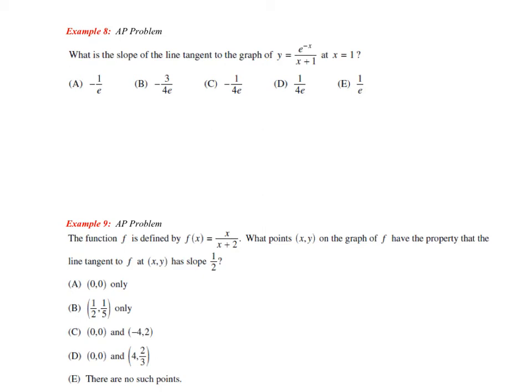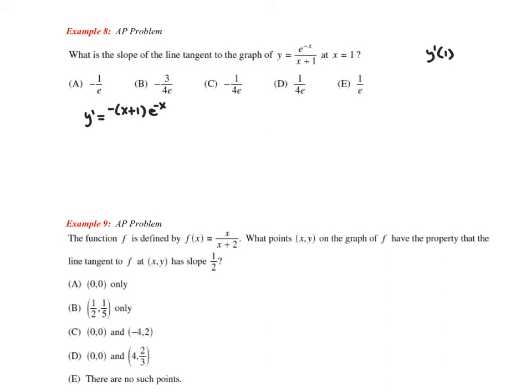All right, example 8 says, what is the slope of the line tangent to the graph of y at x equals 1? So I want to know y prime at 1. Let's find y prime. At this point, you should start to feel comfortable with the quotient rule. I'm going to take the low function, x plus 1, times the derivative of the upper function, which will be e to the negative x times negative 1.